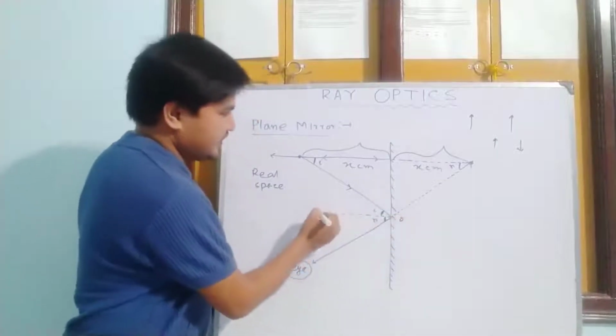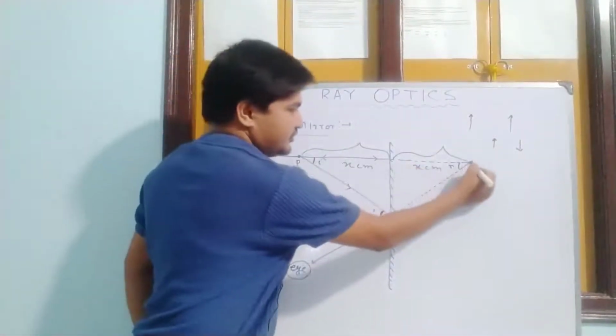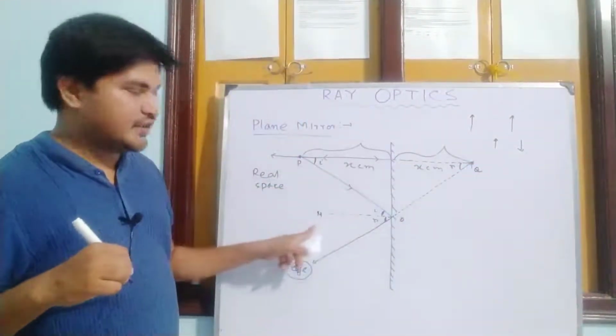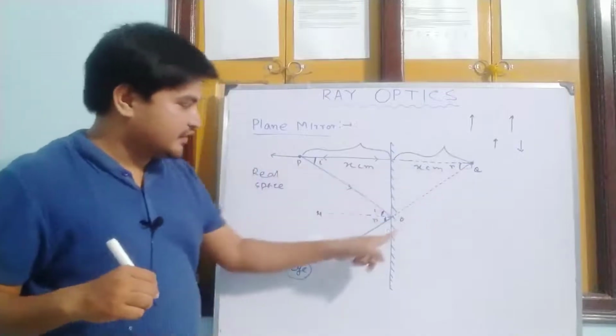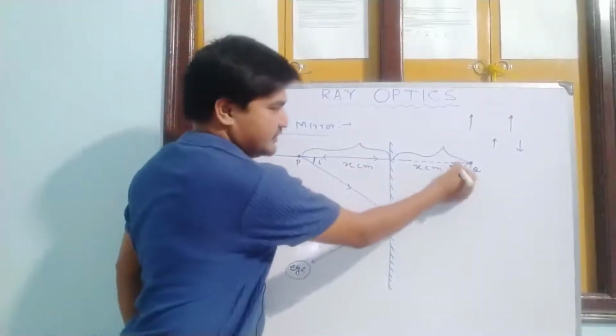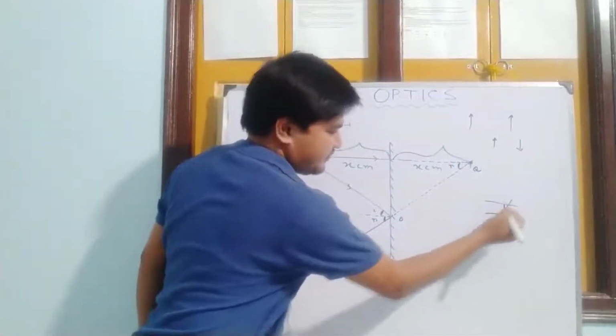If I give it the name P, this is Q. You can say PQ and ON are parallel and QO is the transversal. So this angle is equal to this angle. It proves these things. This angle is equal to these angles.